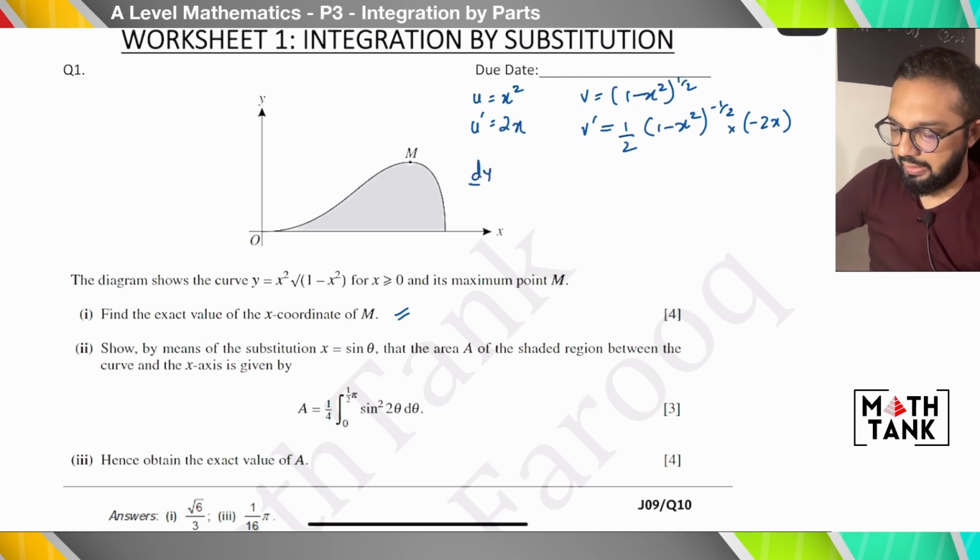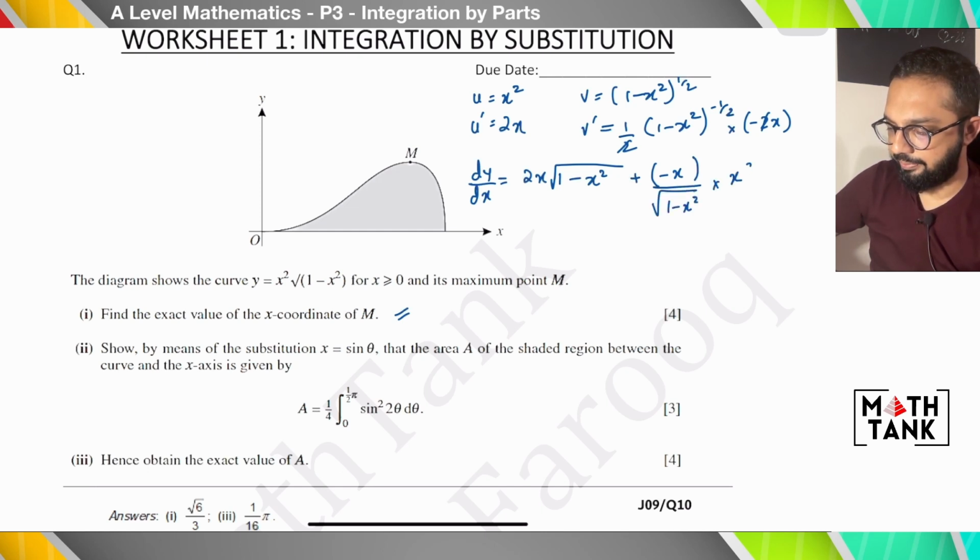So dy by dx gives me u dash v plus u v dash. Then equals to 0.